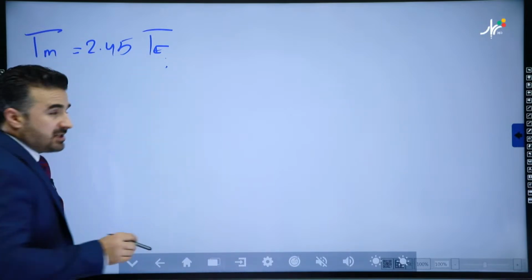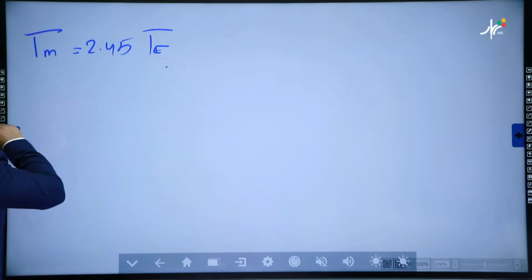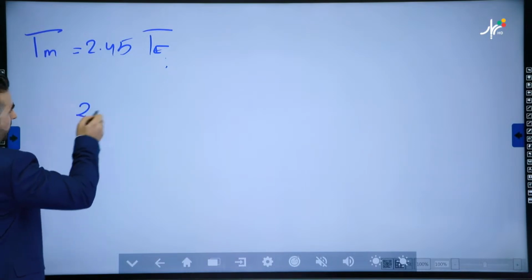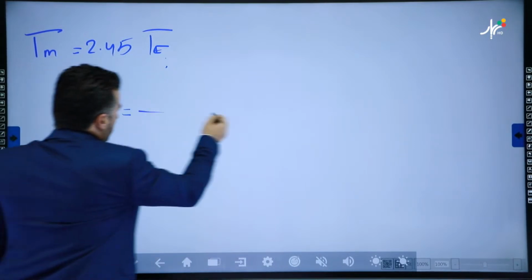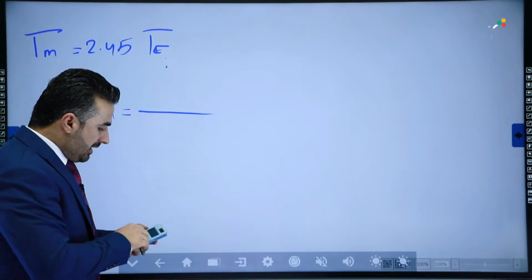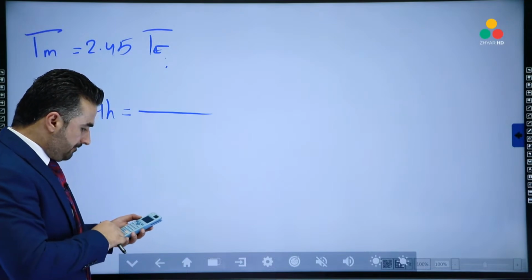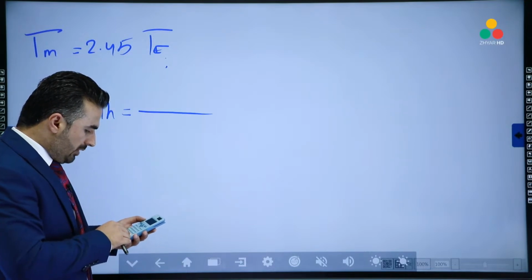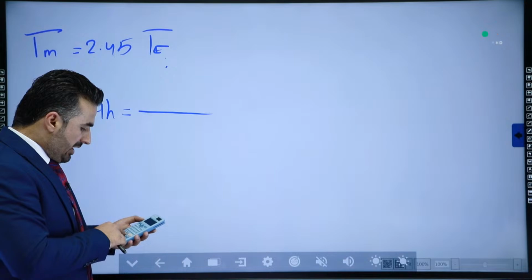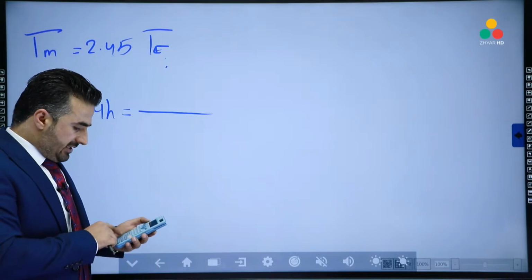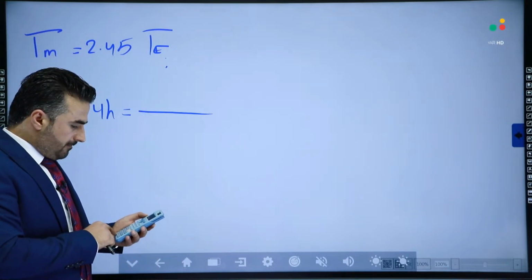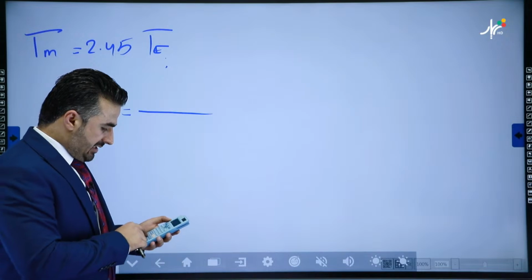So another way to double check is this. We know that in 24 hours, we can ask how many seconds are there. We convert 24 hours: 24 multiplied by 60 minutes in each hour, and each minute has 60 seconds.